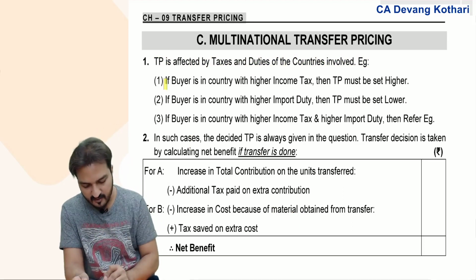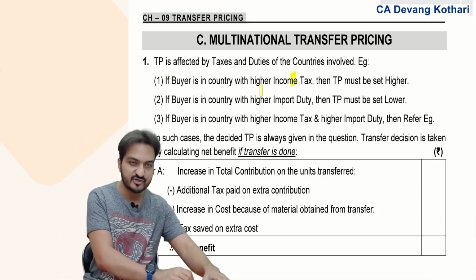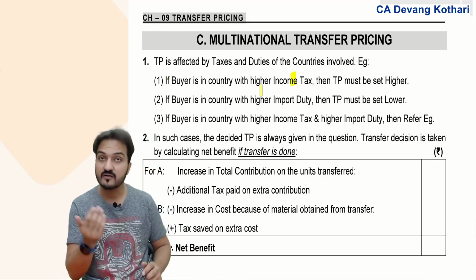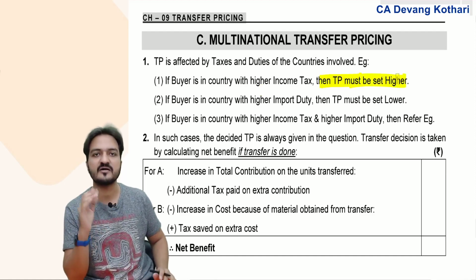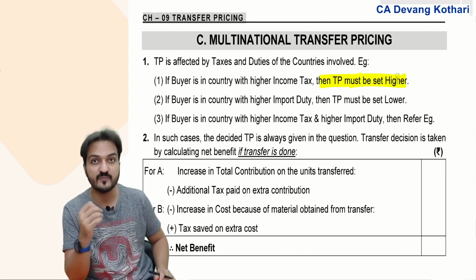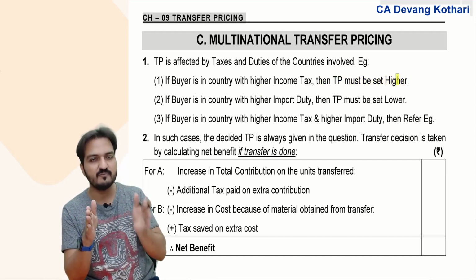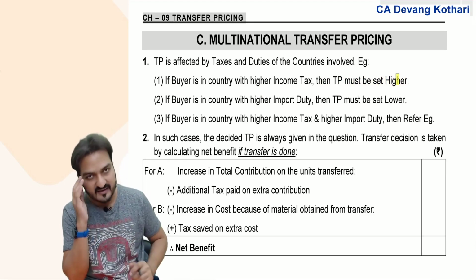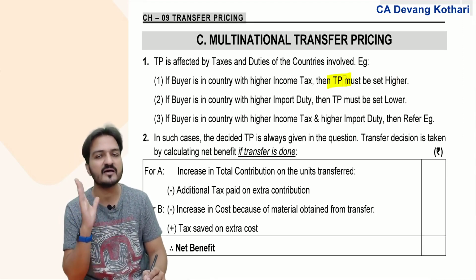For example, if the buyer division is in a country with higher income tax, then the transfer price must be set as high as possible. Now, what does this mean? If division A is selling to division B, and division B is in a country with higher income tax, then in general the transfer price must be set as high as possible.